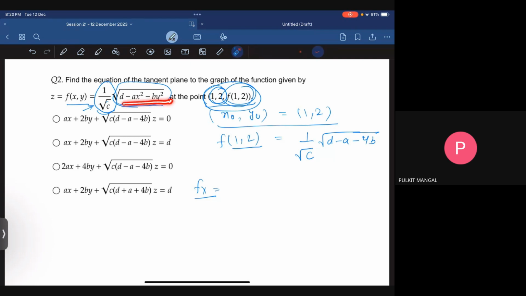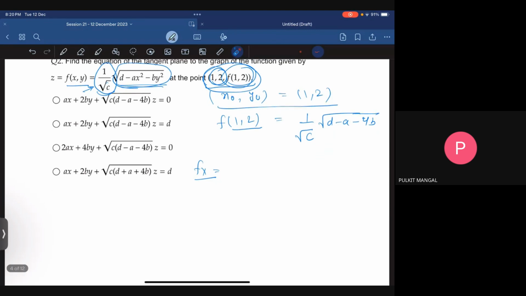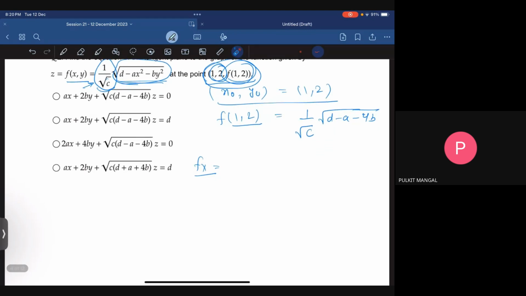If you put x equal to 1 and y equal to 2, because at this point we are finding the tangent, we plug these values in this expression. x square is 1 square, that is 1, so it would be just a. y equal to 2, 2 square is 4, so it would be negative 4b. So the function value at the point 1 comma 2 would be 1 by root c times under root of d minus a minus 4b. Got it? Yes. Okay, so we found the function value.